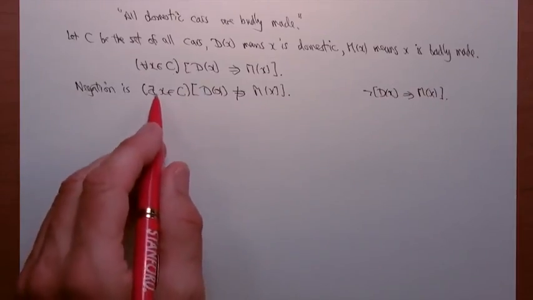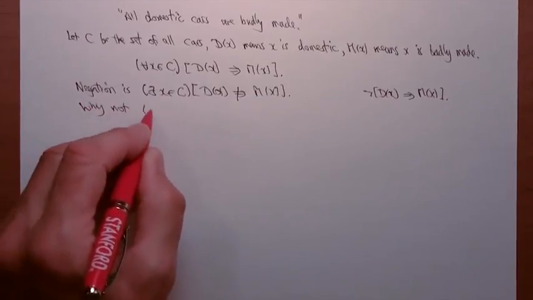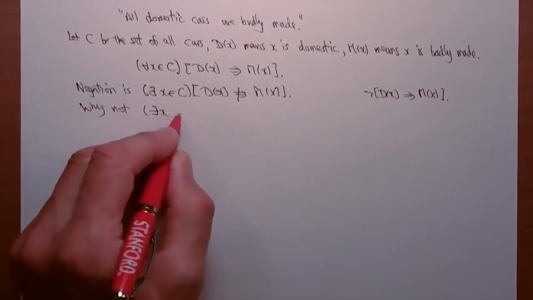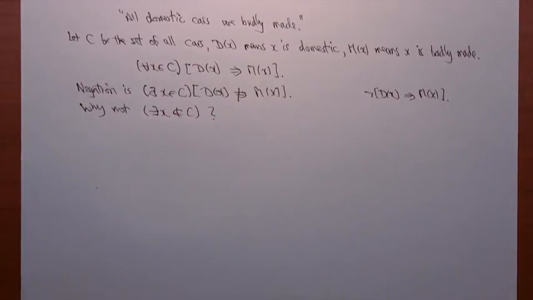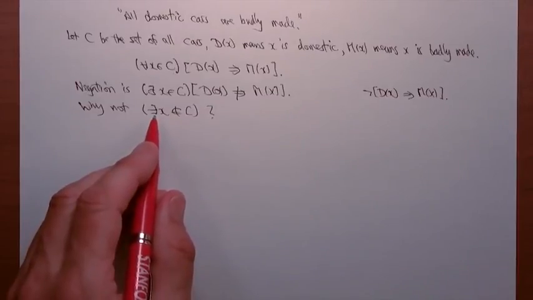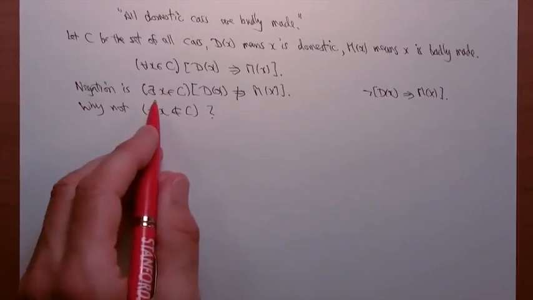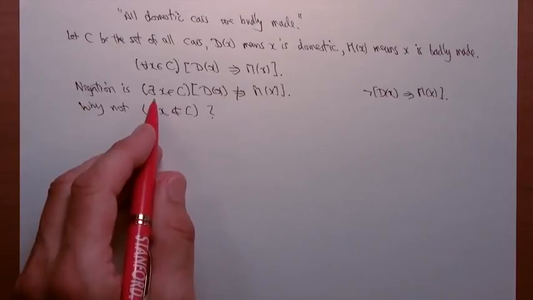One comment, why am I not saying exists x not in C? Beginning students often do this kind of thing. And the reason they do it is they are trying to go through a formula symbolically and negate things. And that's not the way to go about these things. You've got to think about what the symbols mean.